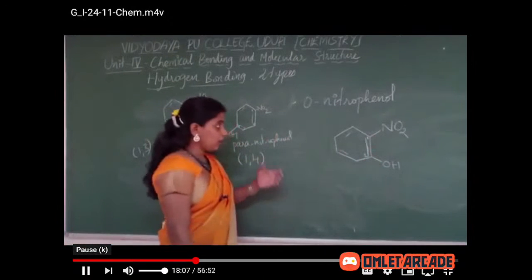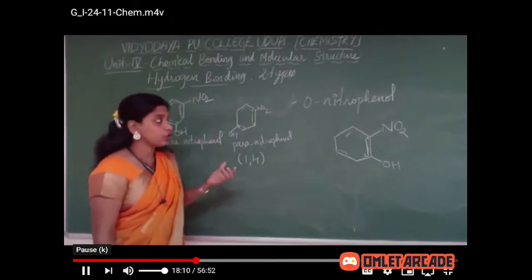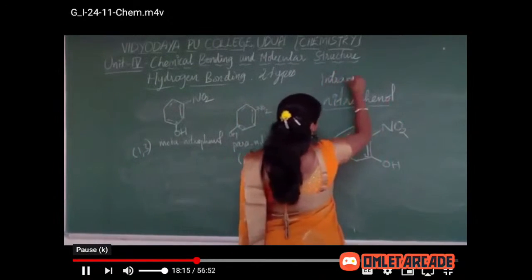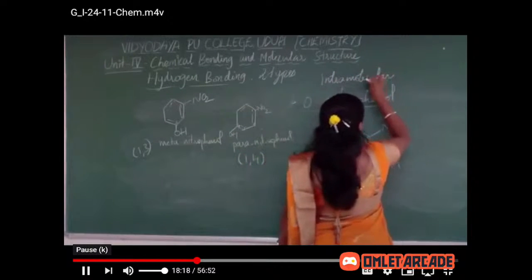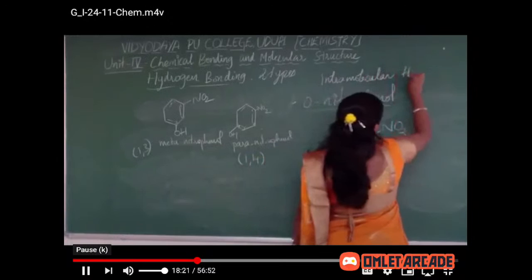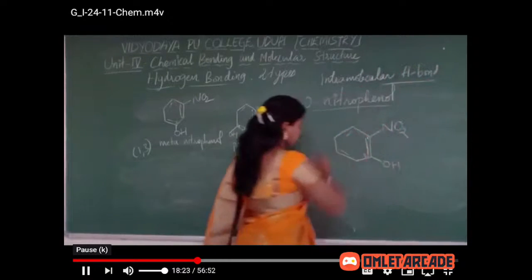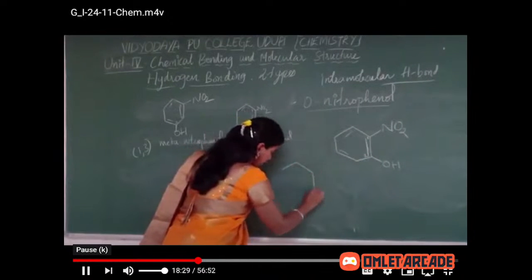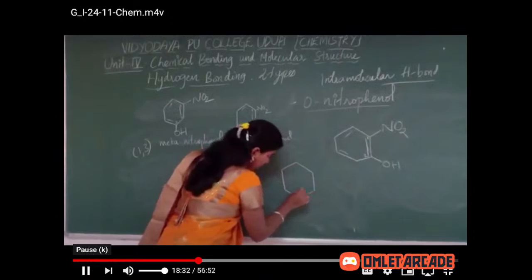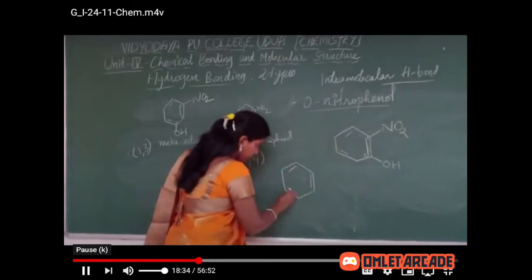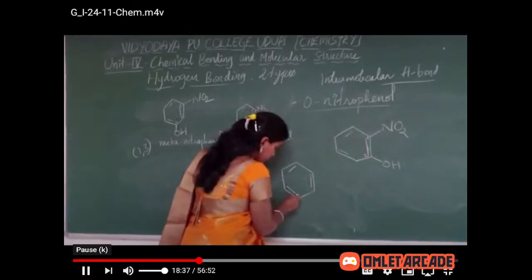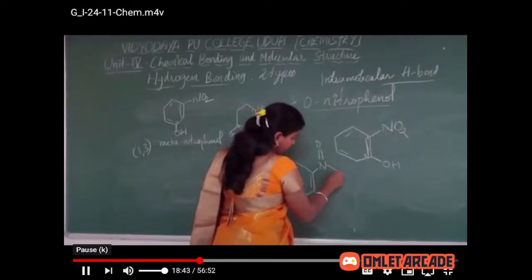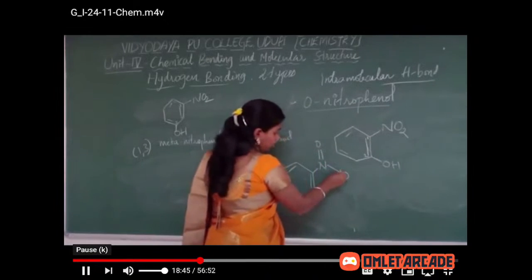So now see, intramolecular hydrogen bond is present in the orthonitrophenol. Okay, so in this diagram, I will rewrite it to show the hydrogen bond. This NO2: N double bond O and this bond to O is a coordinate bond.